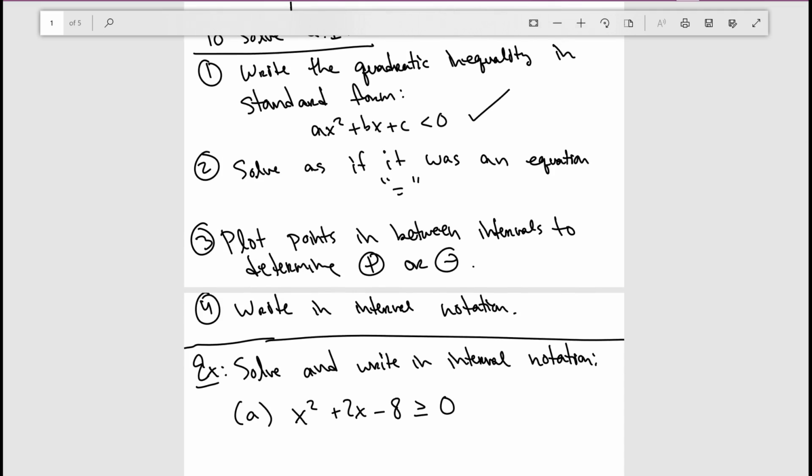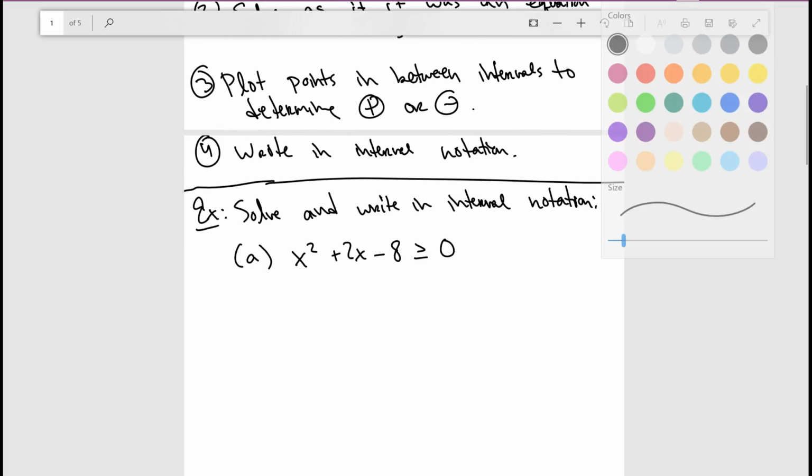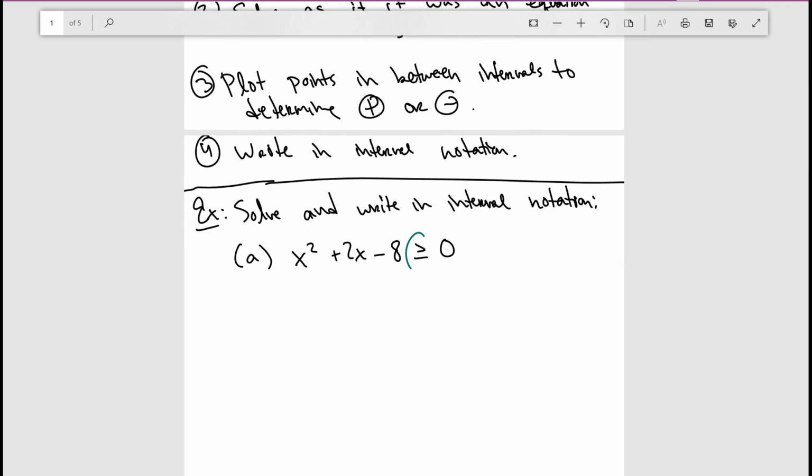I have the 0 on one side, and I have the quadratic expression on the other. Now, look at this greater than sign, we have an equal sign. That means wherever it's 0, it's included. Not only that, it's greater than. That means I'm looking for positive values. So I'm looking for two different things, including the 0, and I'm only looking for positive values.